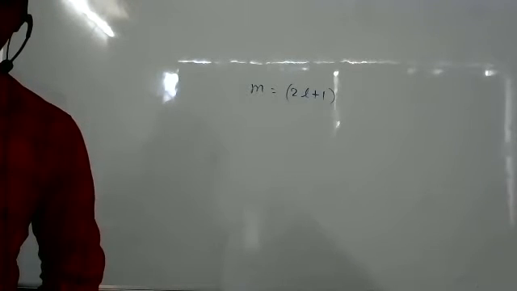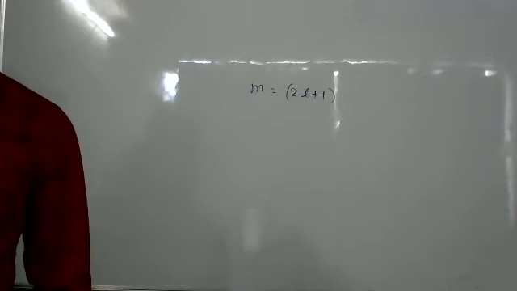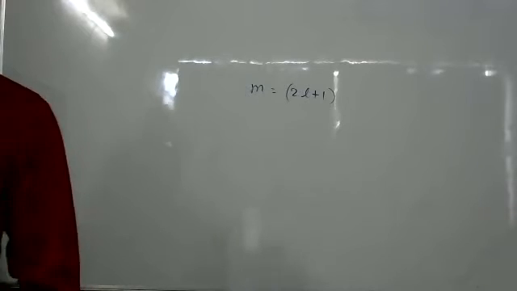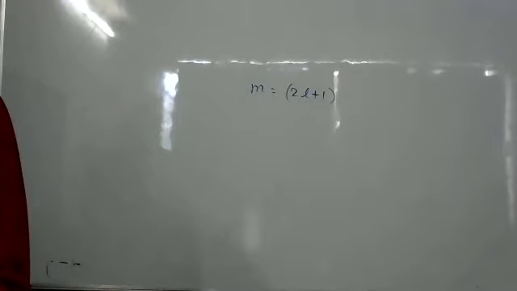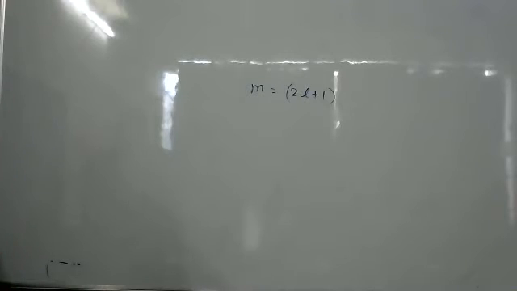Next, Rishabh. Yes, sir. Question number 55. Among the following sets of quantum numbers, which one is incorrect for 4D electron?